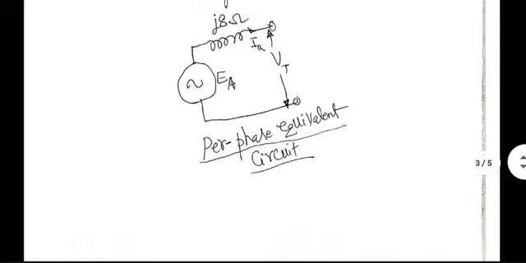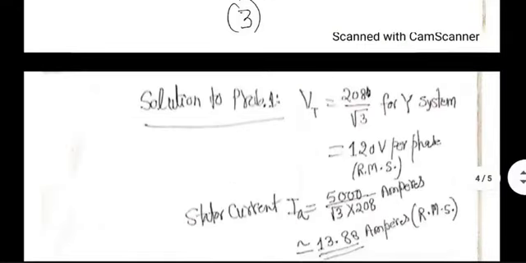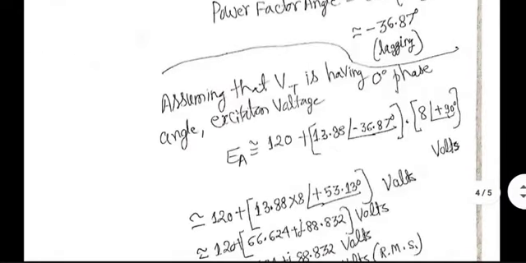That is the reference voltage. VT plus IA into j8 should give you EA, and calculations need to be done in the complex domain. EA is 120 plus IA into j8, and j8 means 8 with an angle of plus 90 degrees, right?